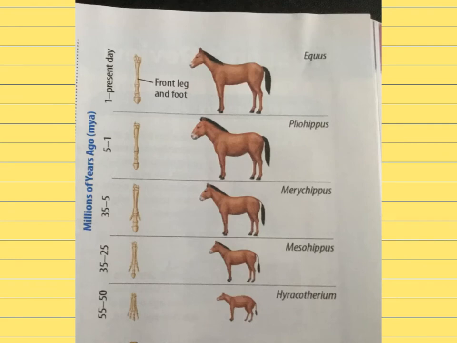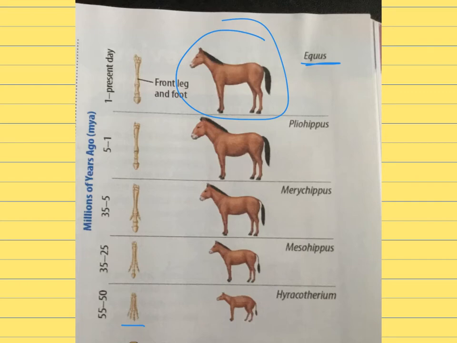All right. So now this leads us to biological evolution. Here we have the equus species, which we commonly know as the horse. We can see how their structure from 55 million years ago, their front leg slash hoof, went from being a paw to more like a hoof.